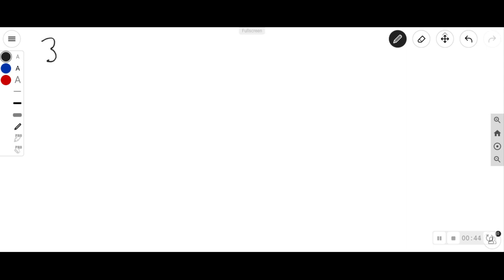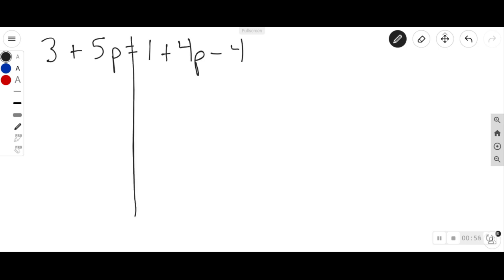So our first equation we're going to look at is 3 plus 5p equals 1 plus 4p minus 4. Now the first thing that I'm going to do is separate my two sides. I always look for distributive first, but I see no grouping symbols, so I don't need to worry about it. So the next thing I always look for is like terms.